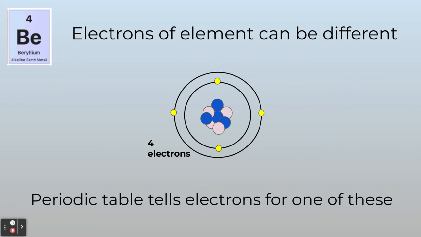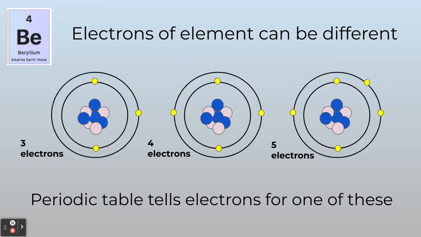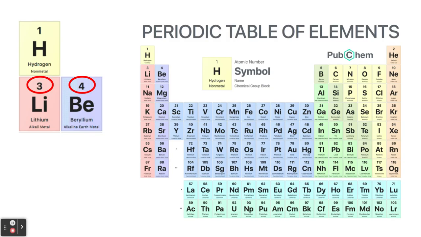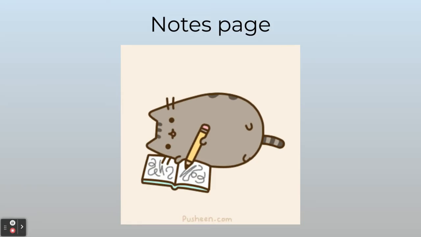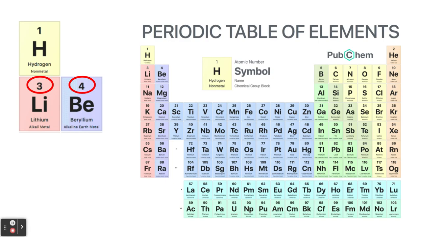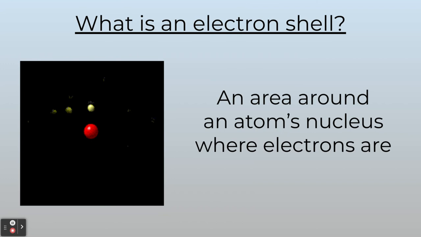Okay, so the periodic table only tells us about one of those atoms, not all the different versions. Okay, so how do we know how many electrons an atom has? You know these numbers tell us how many protons, and the thing is, they also tell us about how many electrons there are. Okay, so here's the start of your actual notes page.